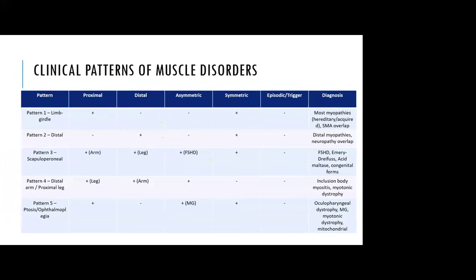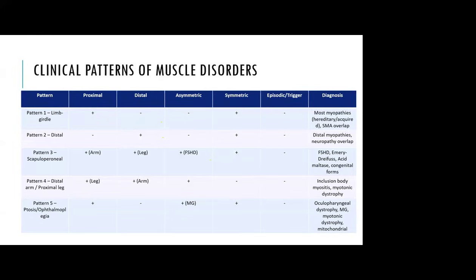In summary, any myopathy usually presents with a proximal limb girdle pattern. However, whenever the patient presents with other patterns, we should be able to recognize them.